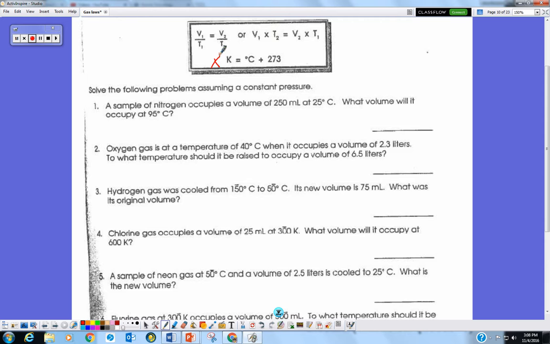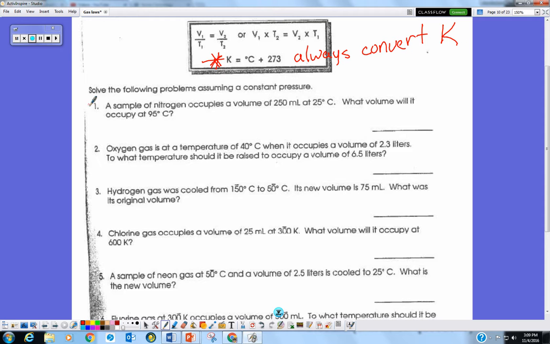Important thing to remember when doing problems dealing with temperature and gas laws: always convert Celsius to Kelvin.